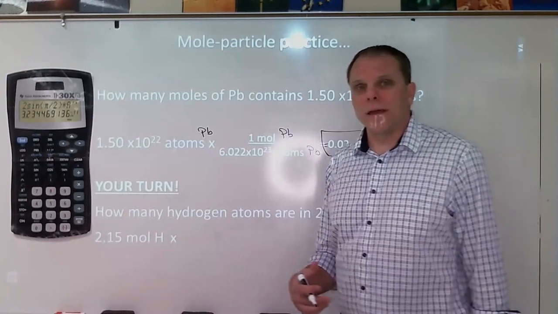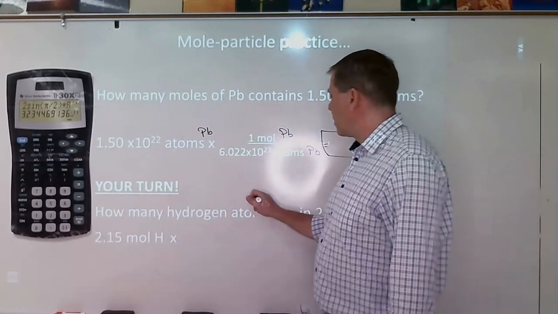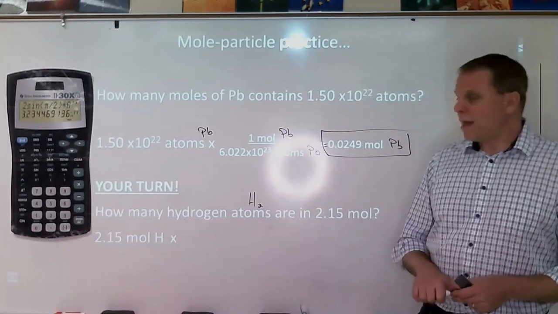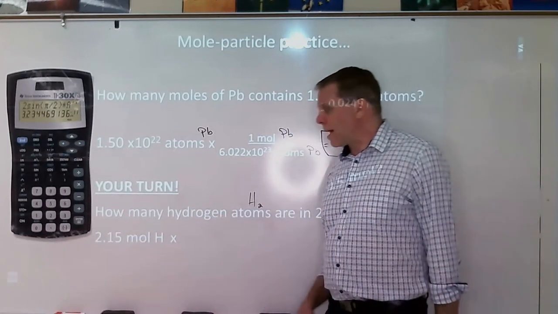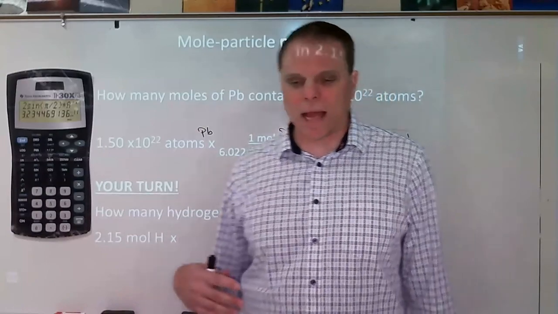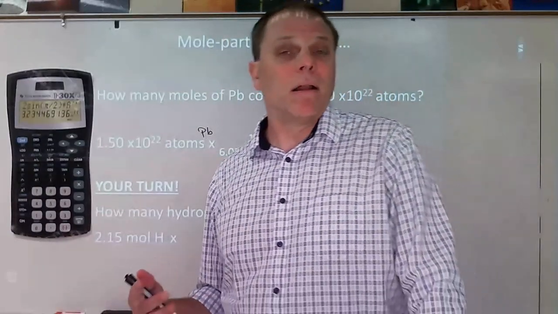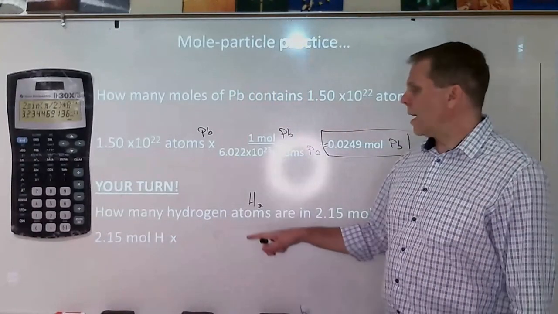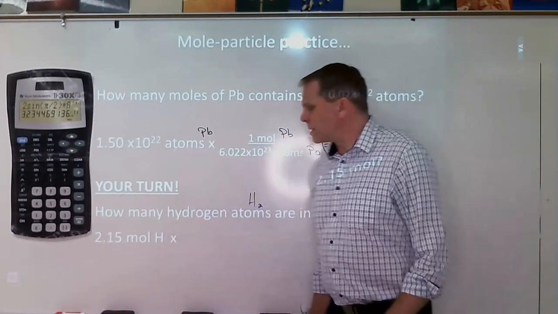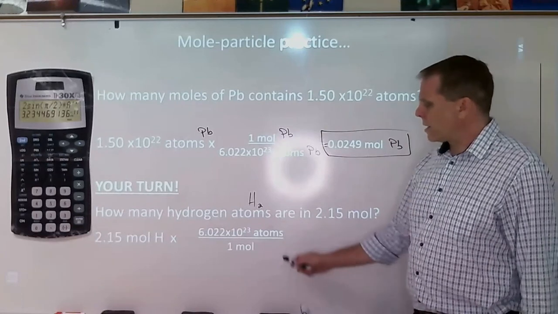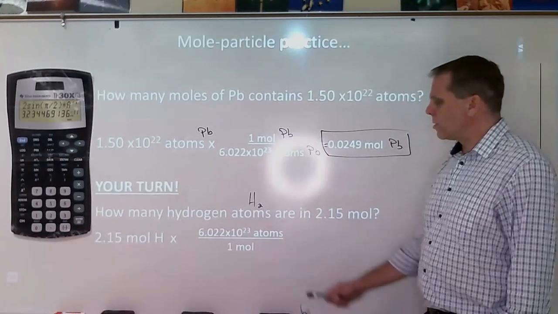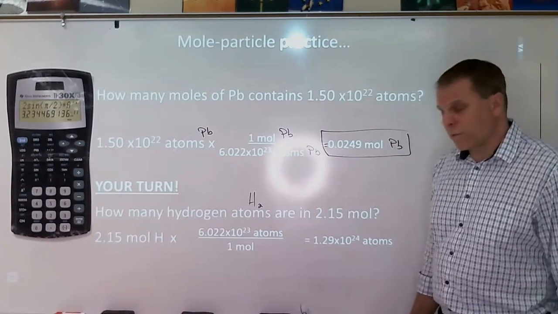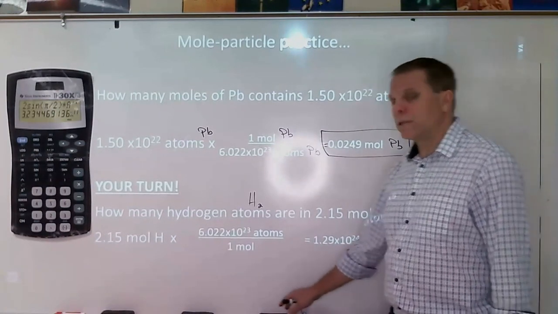In nature, they are going to combine with something else. Typically, you're going to find hydrogen in a diatomic state as H2. If I had said how many hydrogen molecules, that would be H2 and not H, and I'd have a completely different answer. So it's important to show these units, but in this case, they just want H, and so I can just say it's 6.022 times 10 to the 23rd atoms per mole, multiply it, and you get 1.29 times 10 to the 24th atoms.